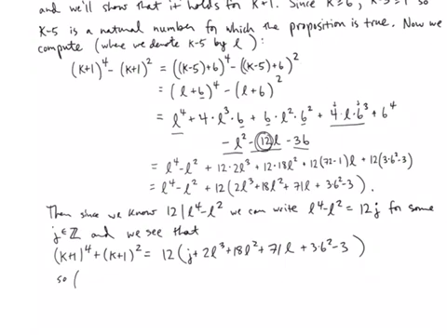So (k+1)^4 plus, oh no, I realized I wrote plus here when I meant to write minus. (k+1)^4 minus (k+1)^2 is divisible by 12. Which completes the proof.